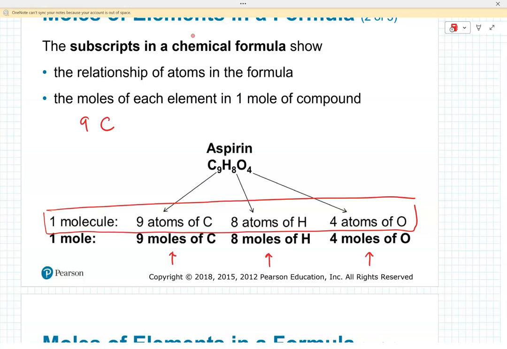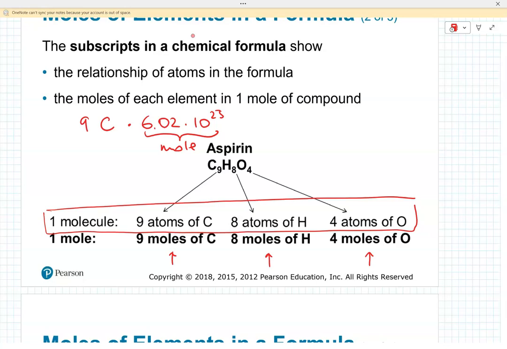And just like AJ calculated the total number of quarterbacks per division by multiplying the number of quarterbacks in a team by the number of teams, what we do, we take number of carbons in a molecule and multiply it by the number of molecules, which is a mole.